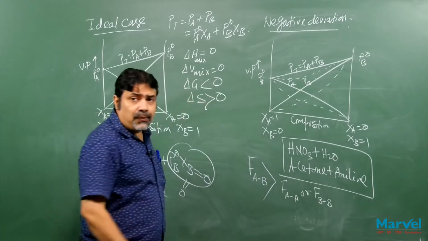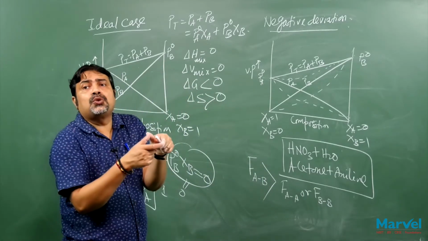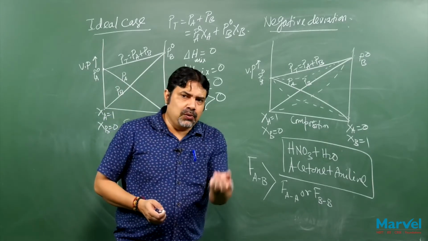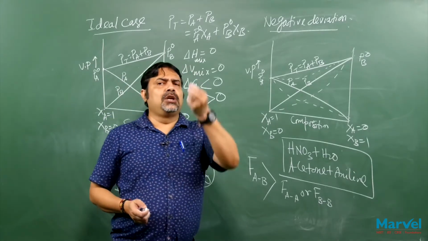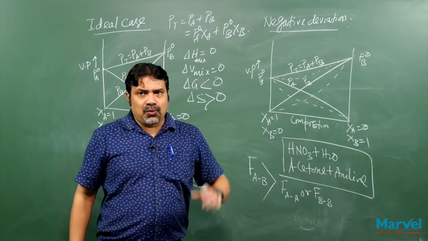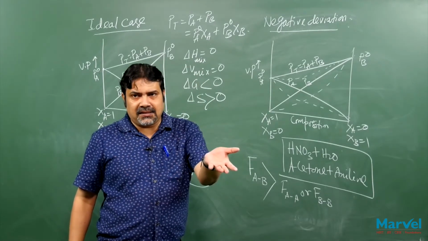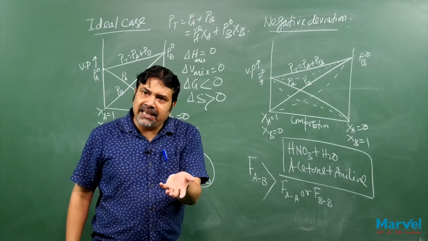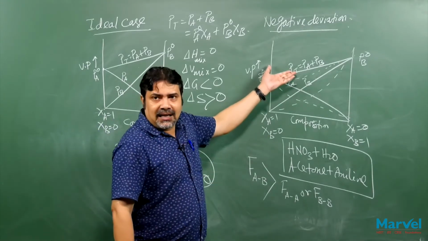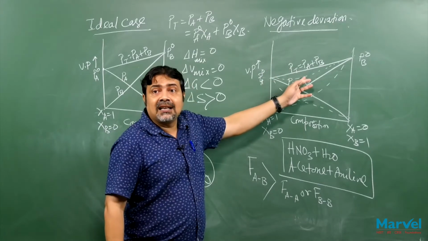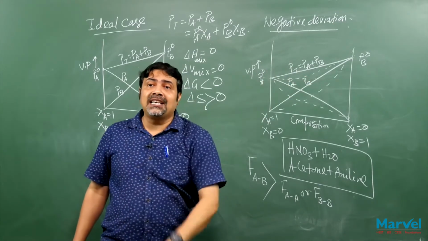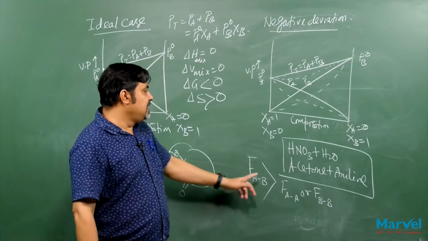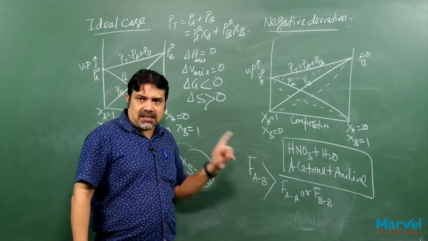As the force of attraction is very high between the two liquids, when you apply heat, they easily will not go to the vapor phase. So at the same temperature, their vapor pressure will be less compared to the ideal one. That is why they show negative deviation, my dear.